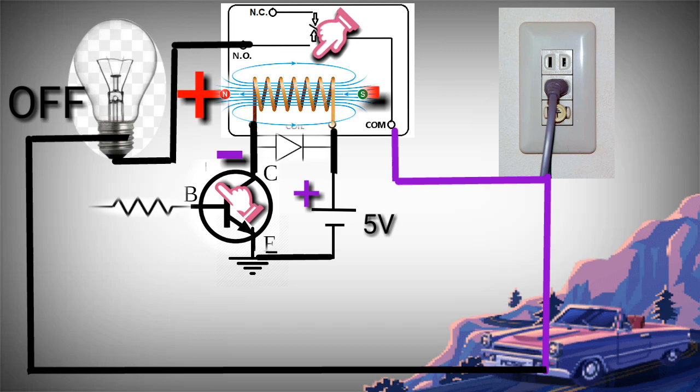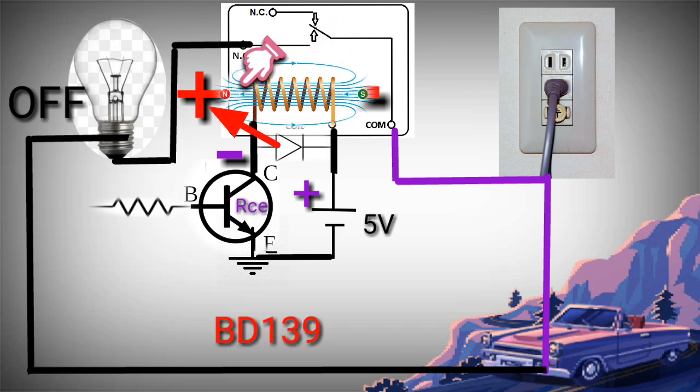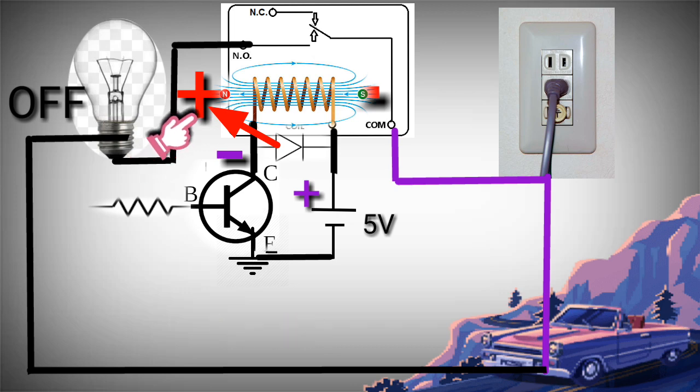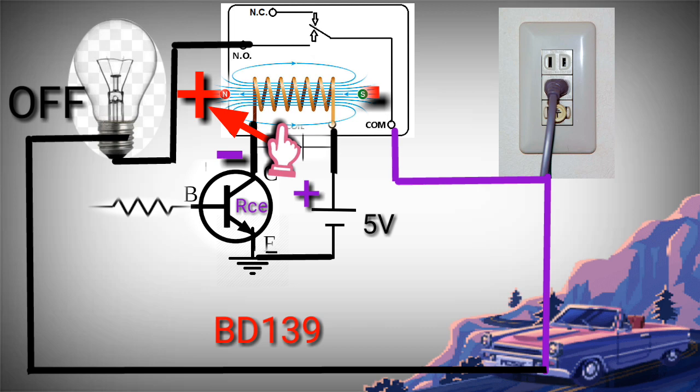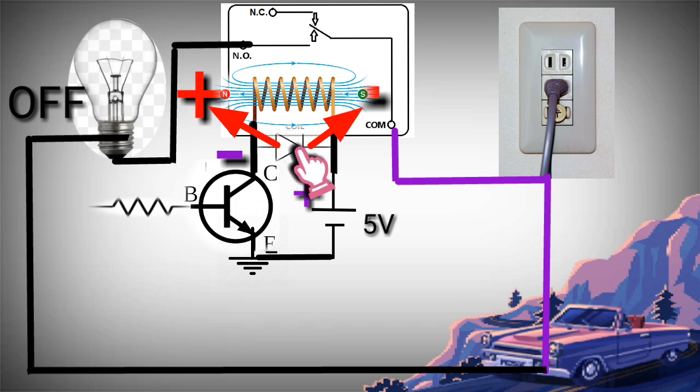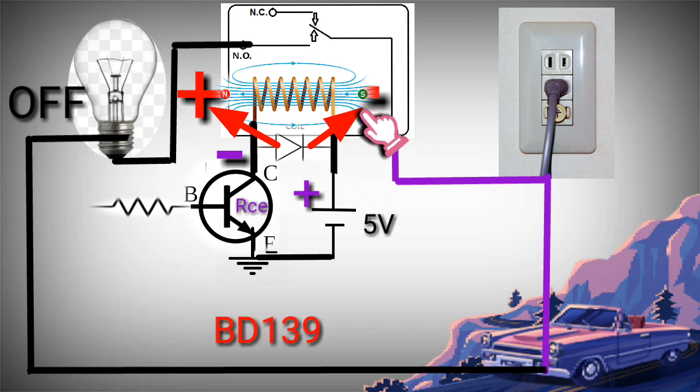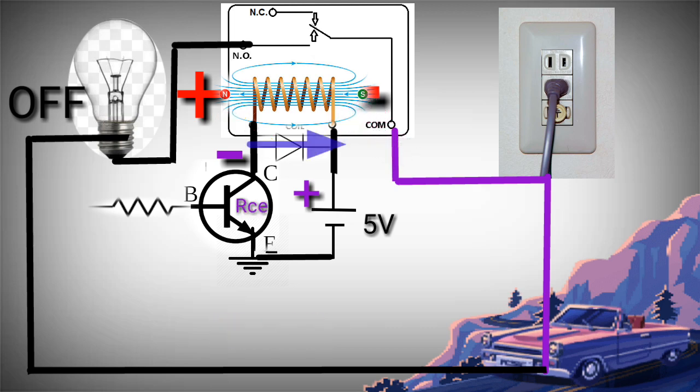Since the anode of the diode is connected to the positive voltage of the inductor and the cathode of the diode is connected to the negative of the inductor, the diode is forward biased.